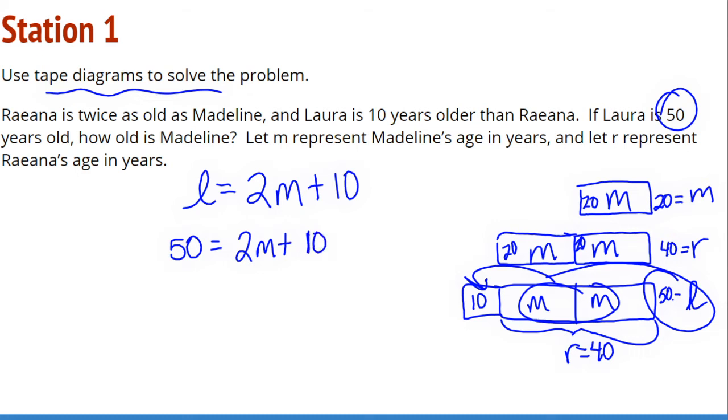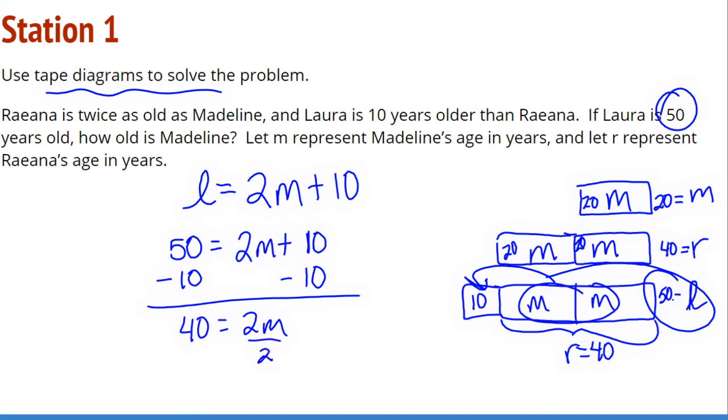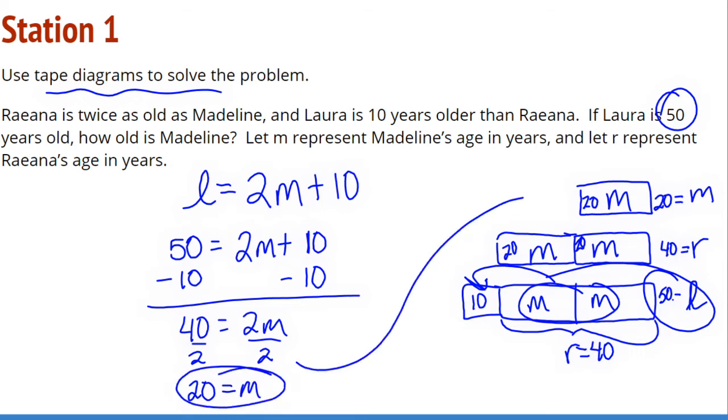And I can use my identity to subtract 10 and subtract 10, and I've got 40 is equal to double Madeline. So I can divide by 2 and divide by 2, and I've got 20 is equal to Madeline. And then I could go back and check it, which I've already done over here, by substituting in 20 everywhere Madeline is.